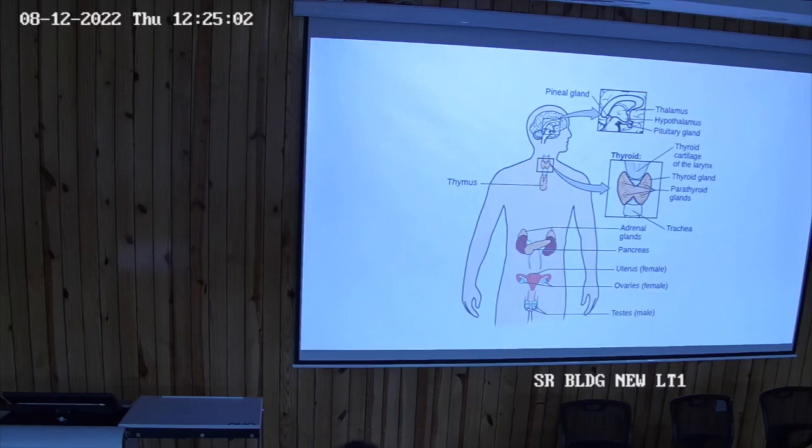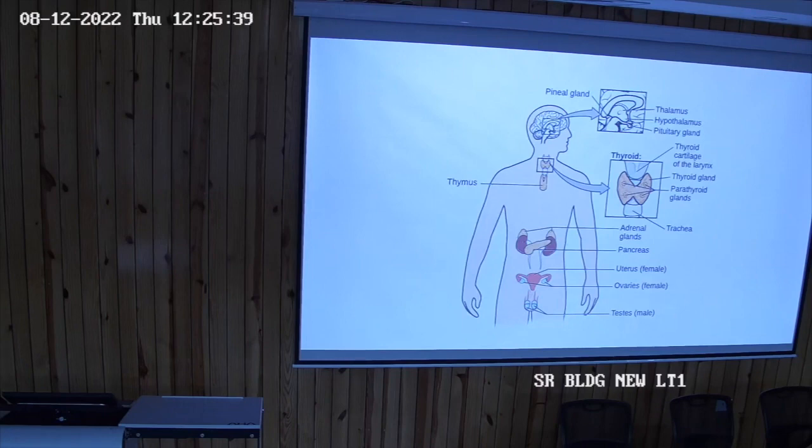Besides this, it also secretes growth hormone during the pregnancy stage. So these are the various hormones which are secreted by endocrine glands.